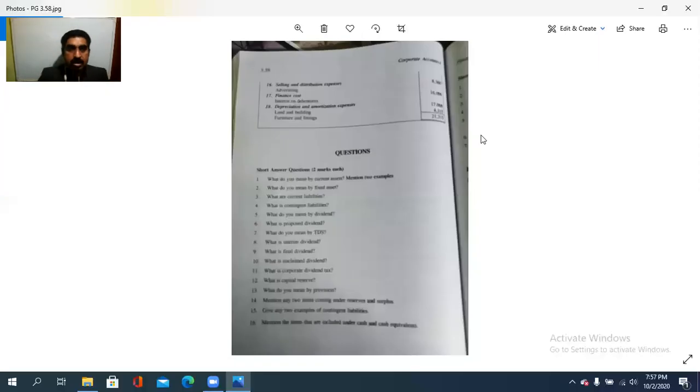So students, in this way, you need to do the balance problems also, like how a statement of profit and loss is to be prepared from a trial balance, and also a balance sheet is to be prepared from the trial balance, so that you can become familiar with this type of problems.